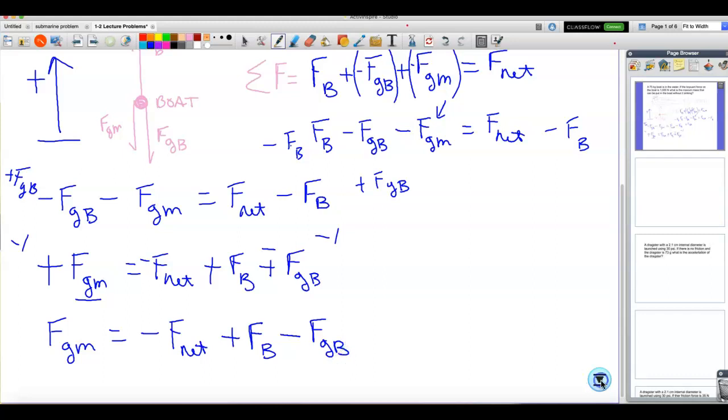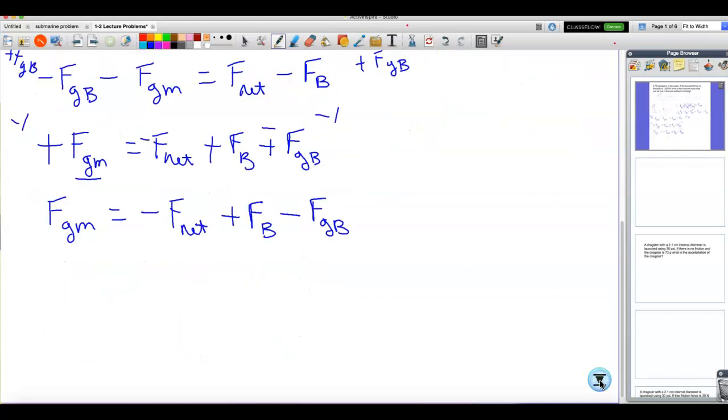Okay, so let's look at each one of these. What is the net force? What is the buoyant force? And what is the gravitational force of the boat?